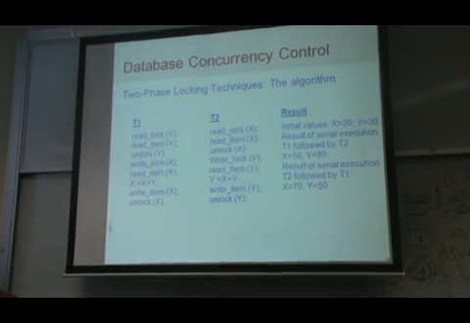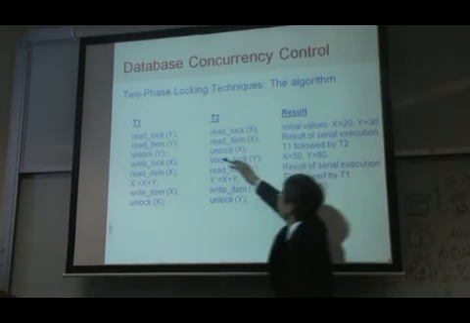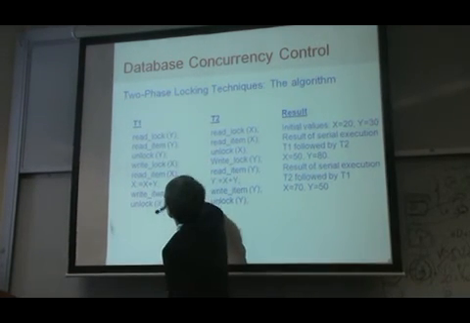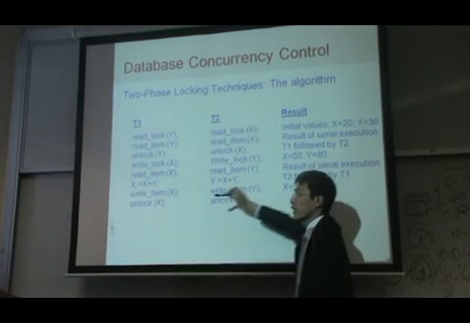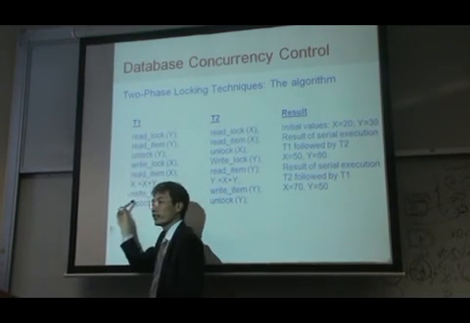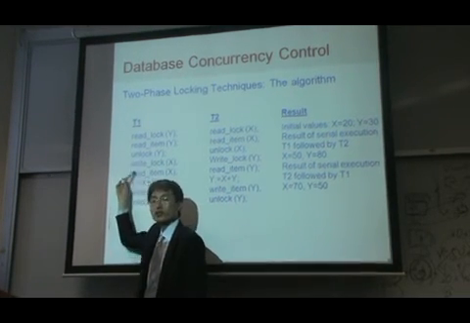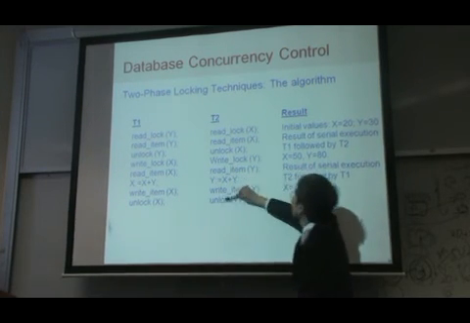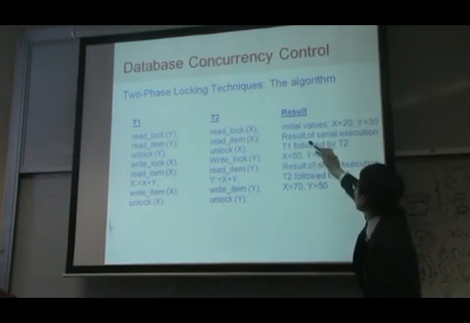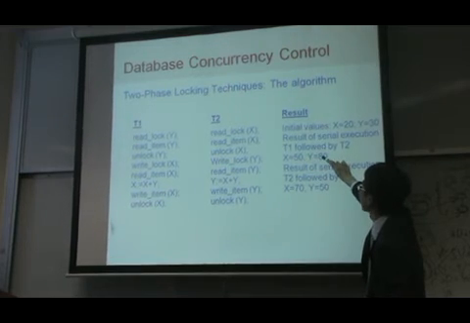First one is correct. At first we run T1, then next T2, because that is the lock by the transaction. So T1 gets all the locks, then runs, and then is followed by T2. Then we will get X equal to 50 and Y equal to 80.